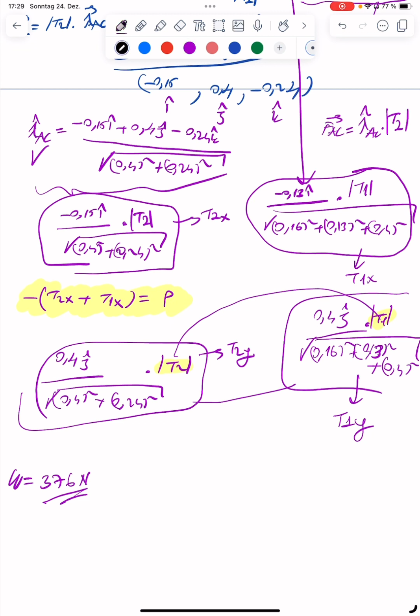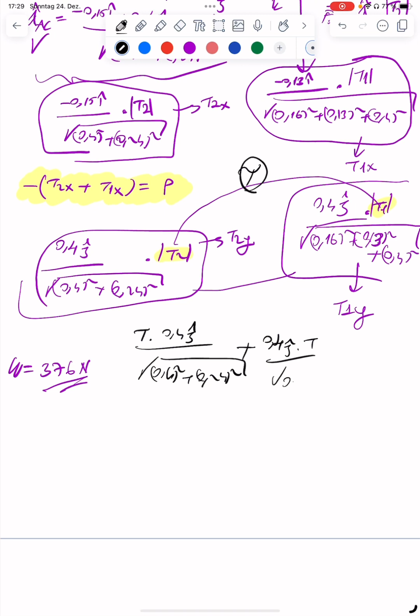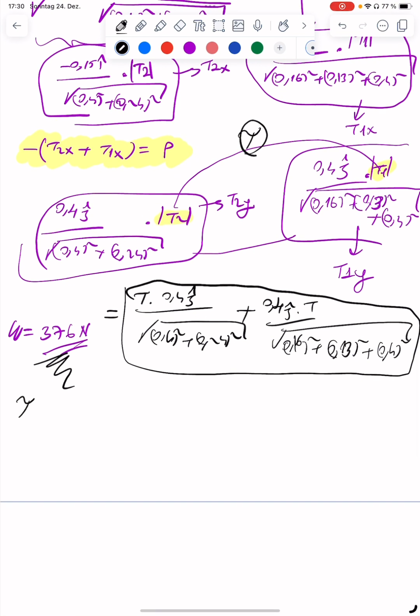So we can call them T. So T cross 0.4 j hat plus, the right side of the equation, 0.4 j hat cross T divided by the square root of 0.16 squared plus 0.13 squared plus 0.4 squared. The equation is equal to the weight of the cylinder, and we can find T, the magnitude of T.